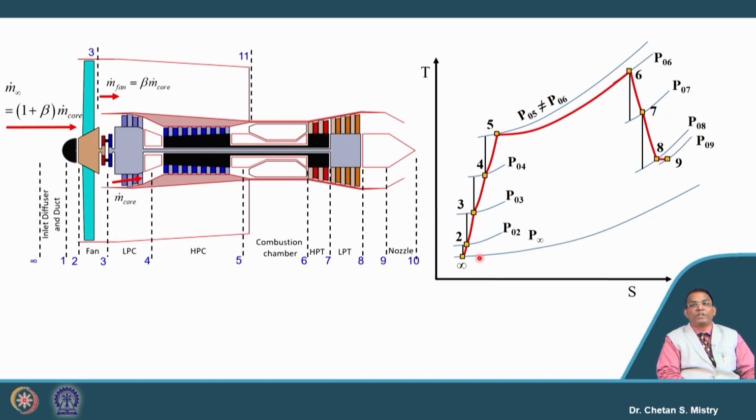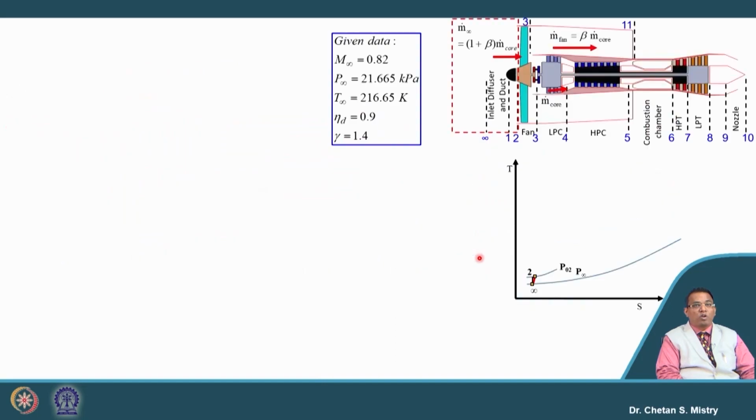We have information given in terms of tailpipe losses, represented by P08 to P09. From this we have our turbine nozzle, where the expansion is represented by process 9 to 10. Similarly, we have one more nozzle, represented here by process 3 to 11. Okay. So, now let us try to solve this numerical.